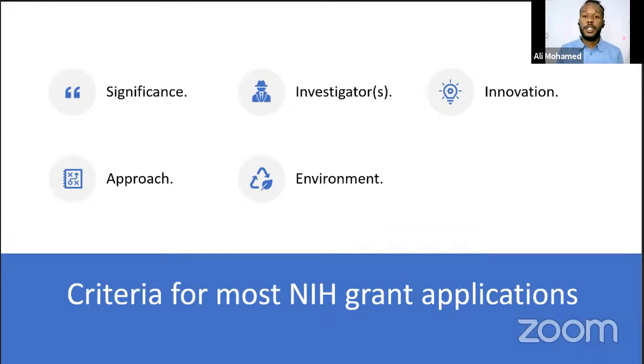Innovation is also an important point. Is your idea a new one, or is it just more of the same? The approach: you are going to write it in detail because everyone wants to know how you are going to spend his money or her money. Environment is also important because a different environment requires a different approach.